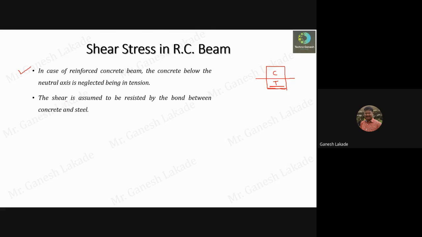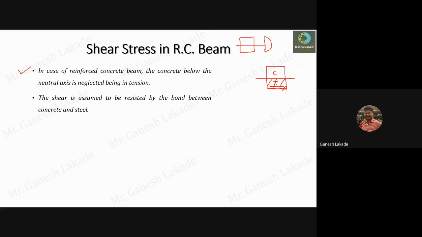But the shear is assumed to be resisted by the bond between the concrete and steel in this particular area. For plain cement concrete, which we discussed before, if only concrete is used in this section, then the shear stress distribution will be parabolic like this.